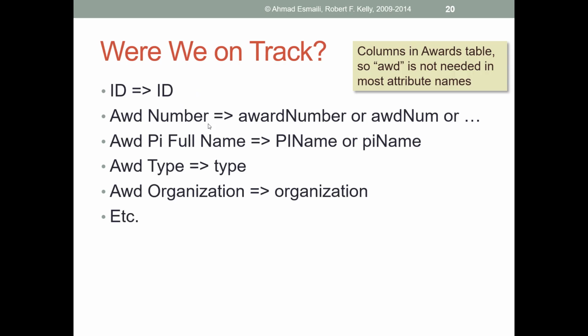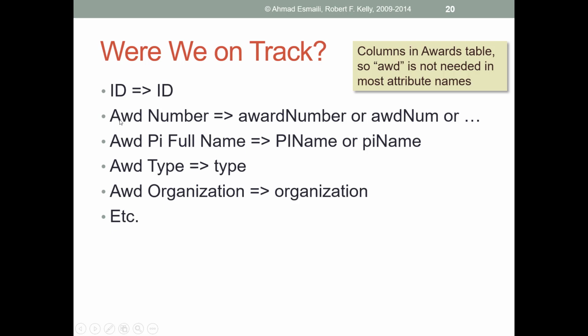To be more specific, ID should be left as ID. Originally, if you look at the source file, that means the data file that I shared, we have a field called AWD and then a space and number. You might like to change that to awardNumber, and this is lower camel case.